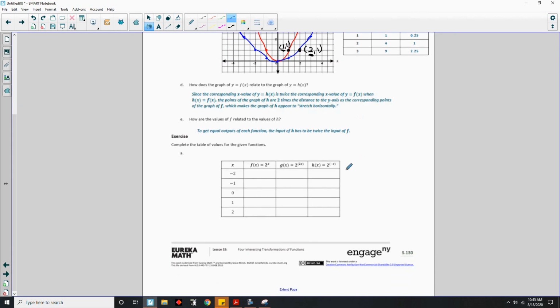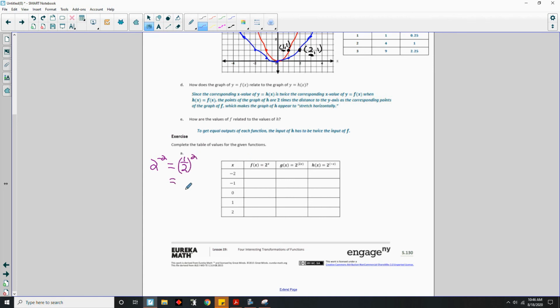All right, exercise. Complete the table of values for the given function. Okay. Now we have f of x equals 2 to the power of x. So I'm going to take -2 and put it up here. So 2 to the -2 equals 1/2 to the +2.